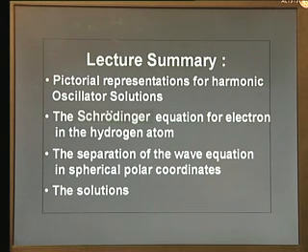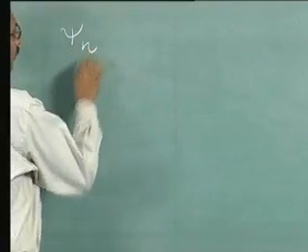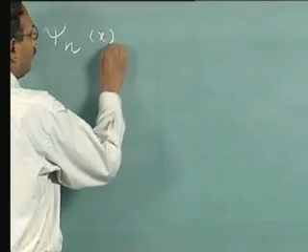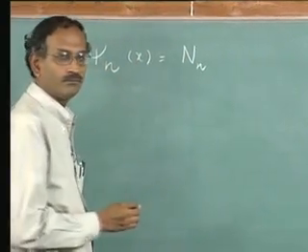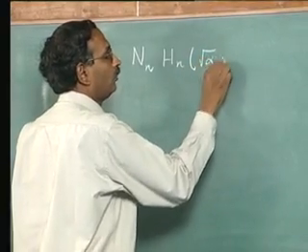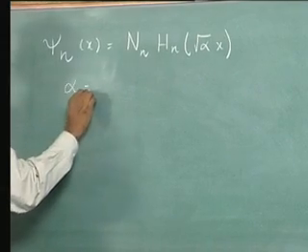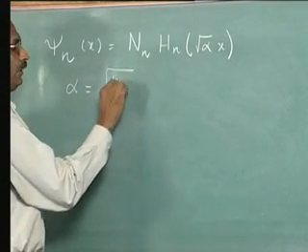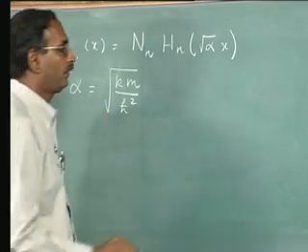Okay. Let me continue with the harmonic oscillator. Recollect from the last lecture that we wrote the harmonic oscillator solutions psi n of x as a normalization constant and the Hermite polynomial root alpha x, where alpha was defined in terms of the constants which appear in the Hamiltonian, Km by h bar square.